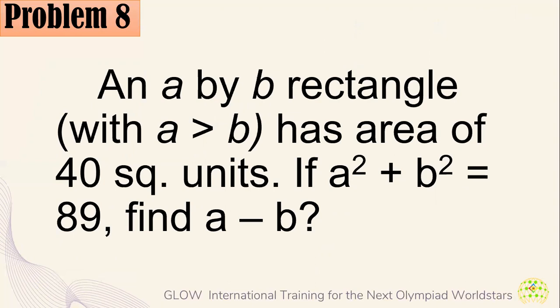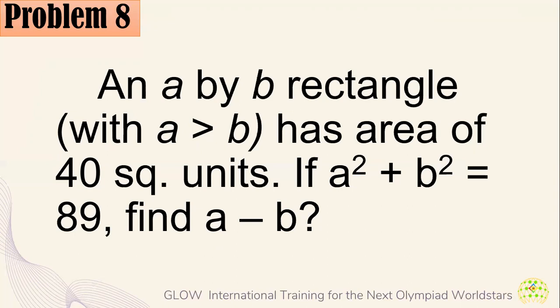If A squared plus B squared equals 89, find A minus B. Take note, we are talking about a rectangle here, so A and B are both positive values, greater than 0, and A is larger than B. And since A here is larger than B, then A minus B is positive. So we will be looking for the positive value of A minus B.